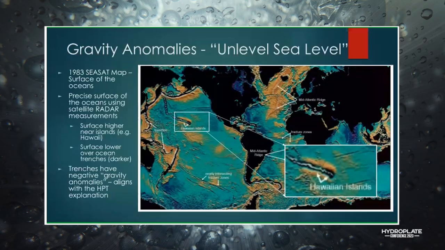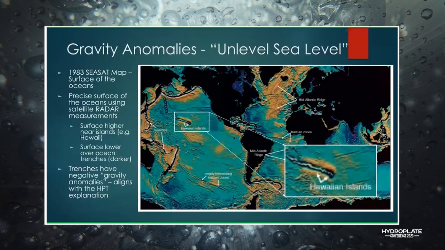Now, one of the things that we see in this image is that along the ocean trenches that you see there in the Pacific, around the Pacific area, there's actually a deficiency of gravity. And so what that means is that there's not enough mass below the surface of the ocean. And when we do this analysis, they account for the shape of the surface of the earth beneath it. But what that means is that there's actually less gravity there. It means that the trenches are actually not being pushed down, they're being pulled down.